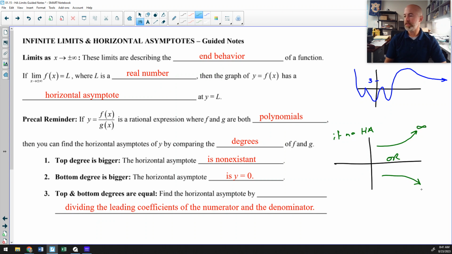And in the context of limits, if you were going up or you were going down, I personally would much rather you say that the answer to the limit would equal infinity or negative infinity, to indicate that, yes, there is no horizontal asymptote, the limit does not exist, but we can specify in which way the function is going due to the lack of a horizontal asymptote.